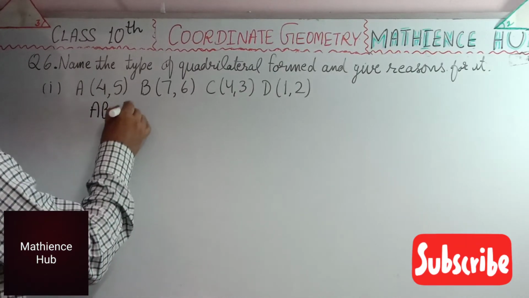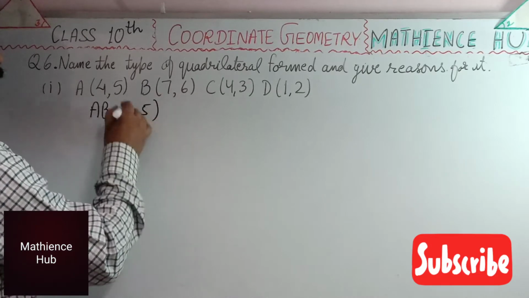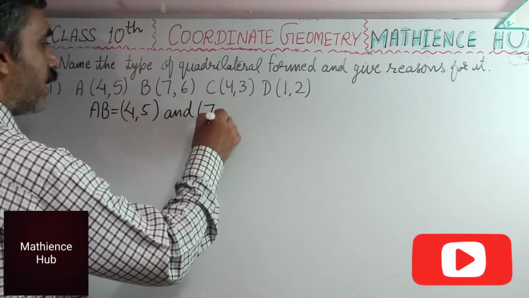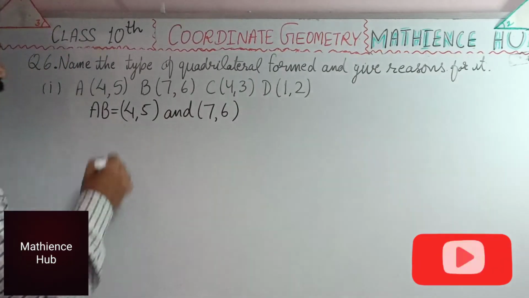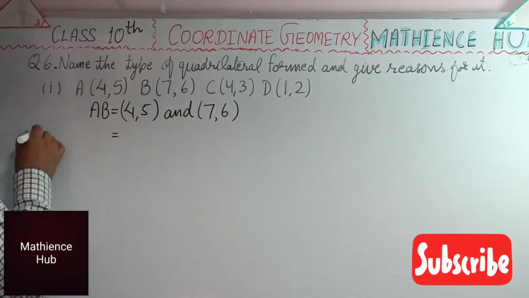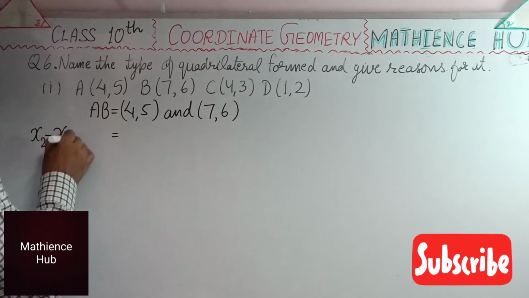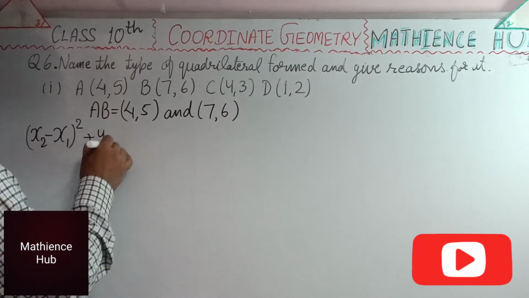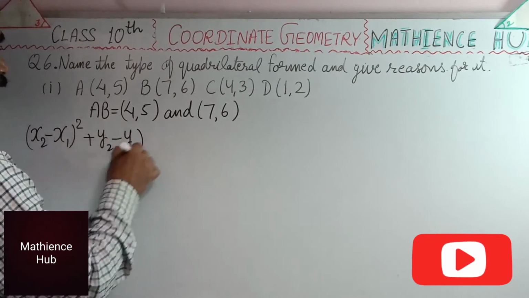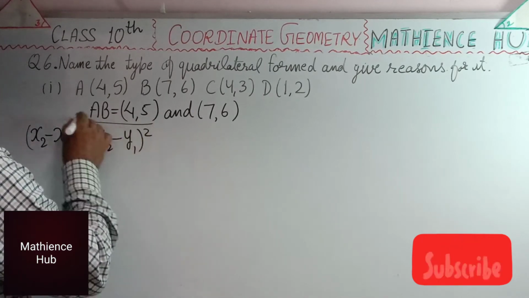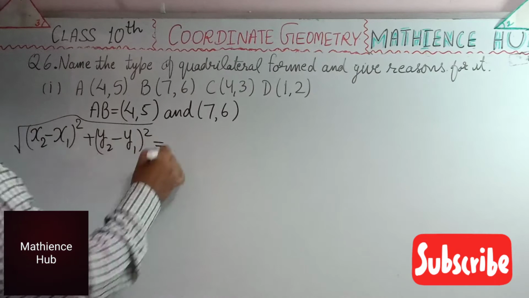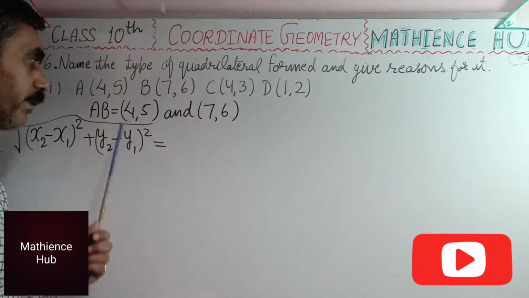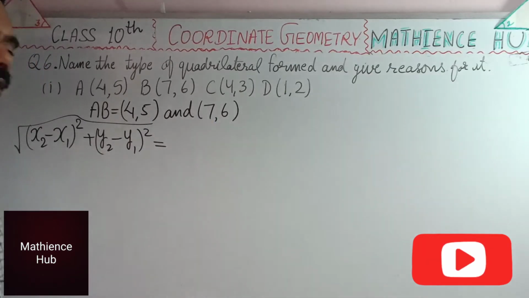A is (4, 5) and B is (7, 6). Using the distance formula, x2 minus x1 whole square plus y2 minus y1 whole square, where the points are (x1, y1) and (x2, y2).